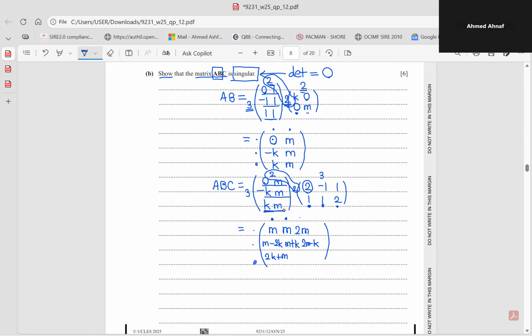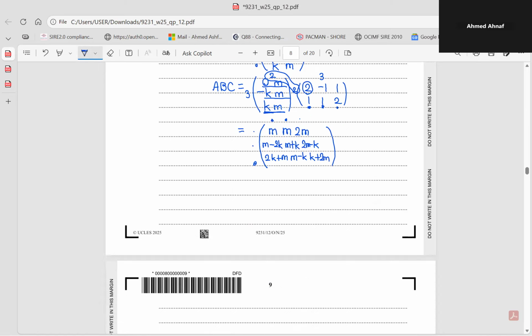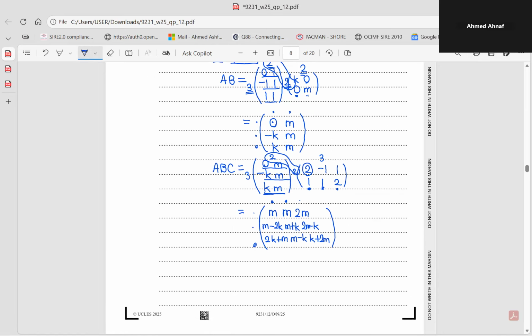Same for this, k times -1, that's negative k plus m times 1, so m minus k. And then k times 1 plus 2m. So k plus 2m. Yeah, so this is our matrix ABC.